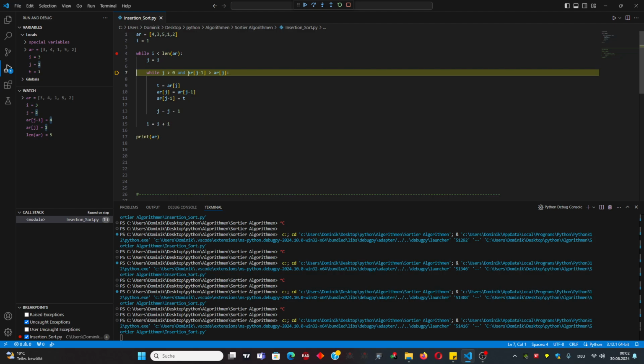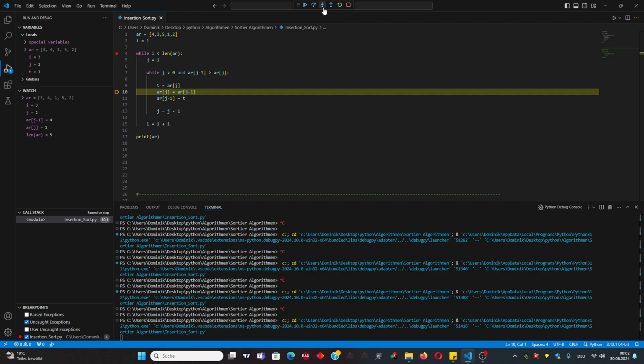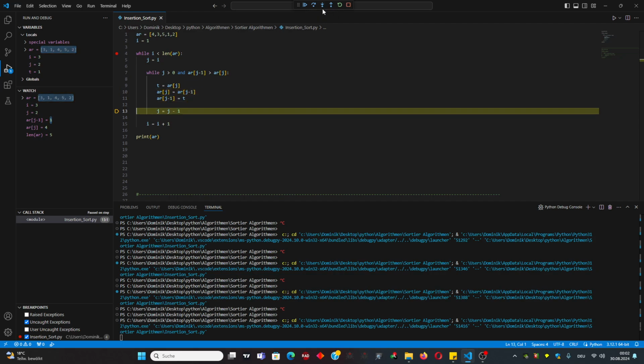Then we compare again the elements in the list. AR[J minus 1] is holding the value 4, while AR[J] is holding the value 1, and that means 4 is higher than 1. So we will swap these values, 4 and 1. Okay, the values are swapped, and J gets decreased by 1.